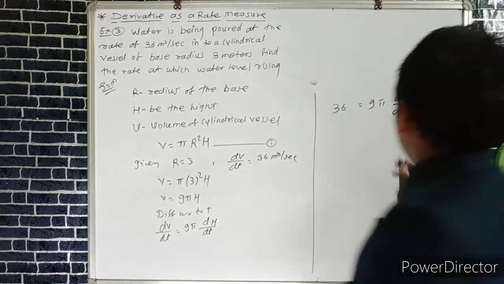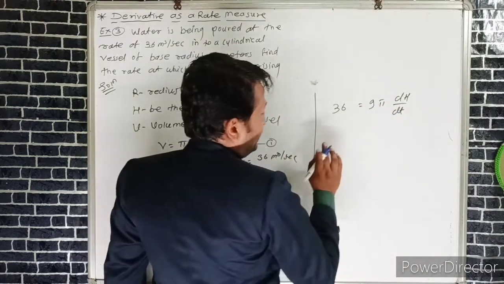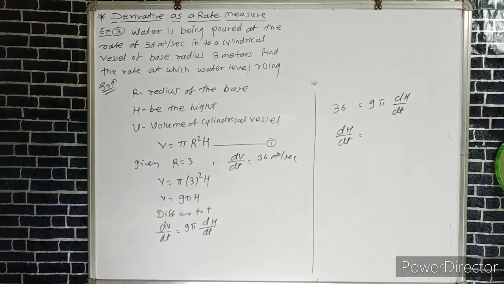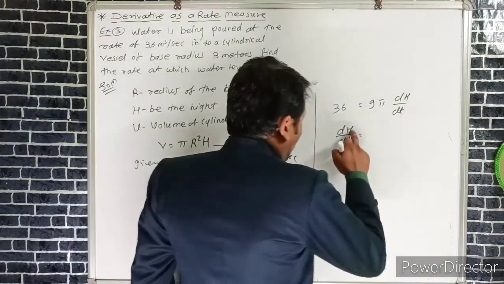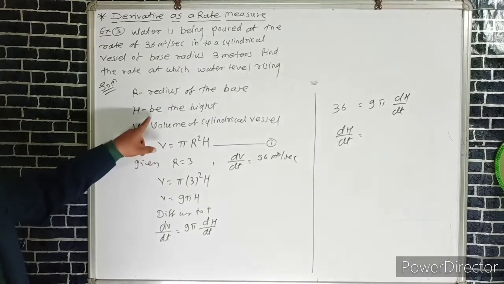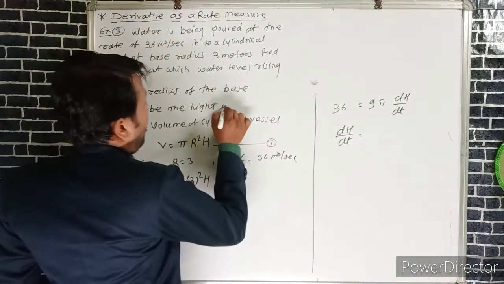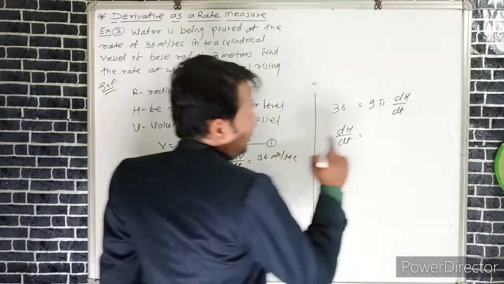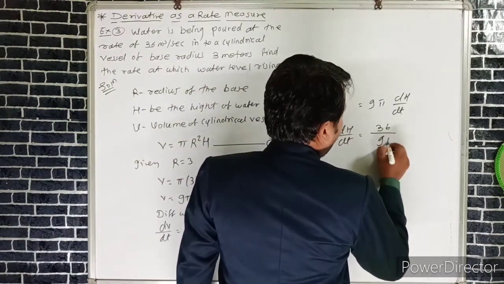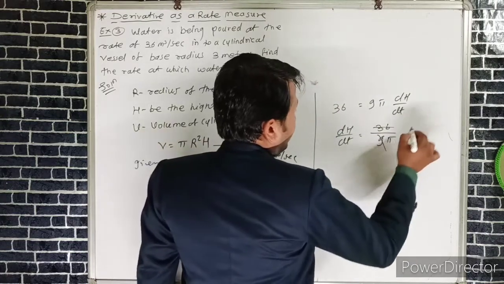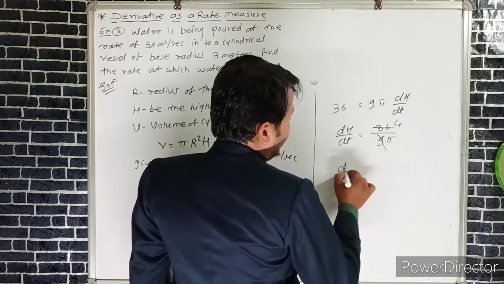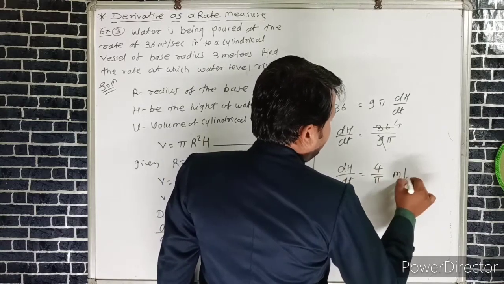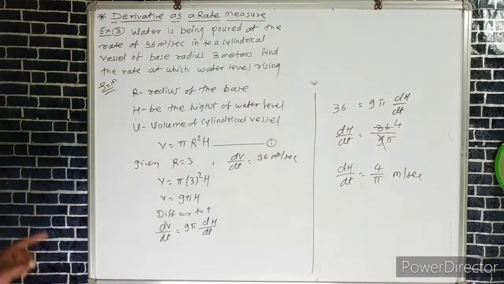So if we take the 9 pi to the right side, we can write dh upon dt, the rate of change of water level, where h is the height of the water level, is equal to 36 upon 9 pi. 9 goes into 36 four times. We can write dh upon dt is equal to 4 by pi meter per second, which is the required answer.